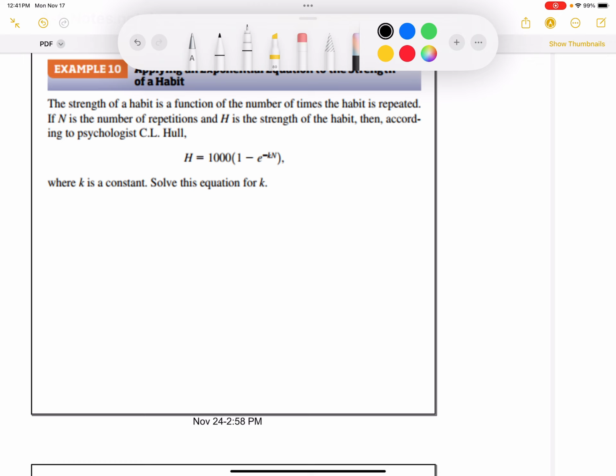All right. We want to solve for this variable right here and get it by itself. How are we going to do that? First, we have to make this 1,000 go away, so we divide by 1,000. H divided by 1,000 is equal to, since that 1,000 is not there, we don't need this 1 in parentheses.